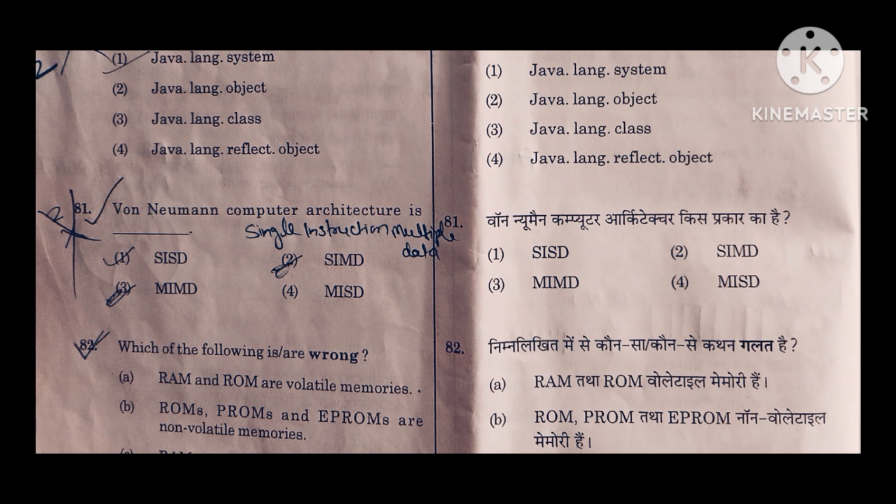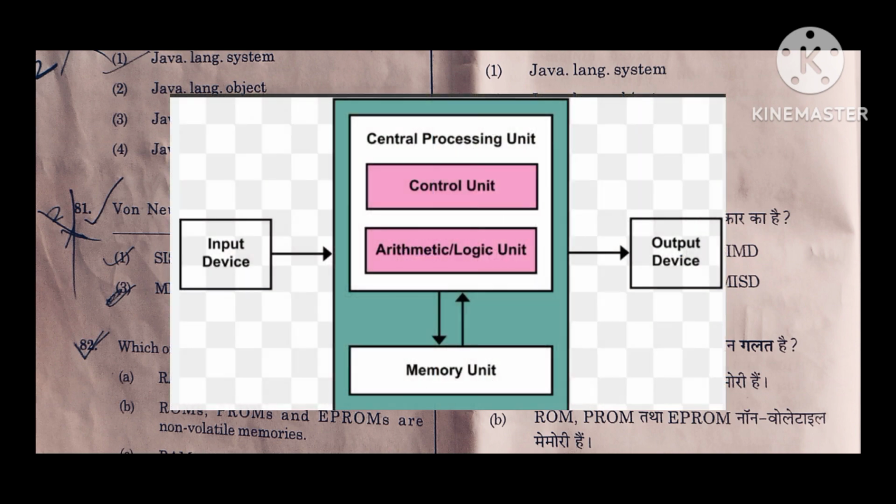Question is, von Neumann computer architecture is SISD, SIMD, MIMD or MISD. Okay, so first, what is von Neumann architecture? So von Neumann architecture gives the basic structure of a computer. Here we see how the CPU performs on input data and gives output.